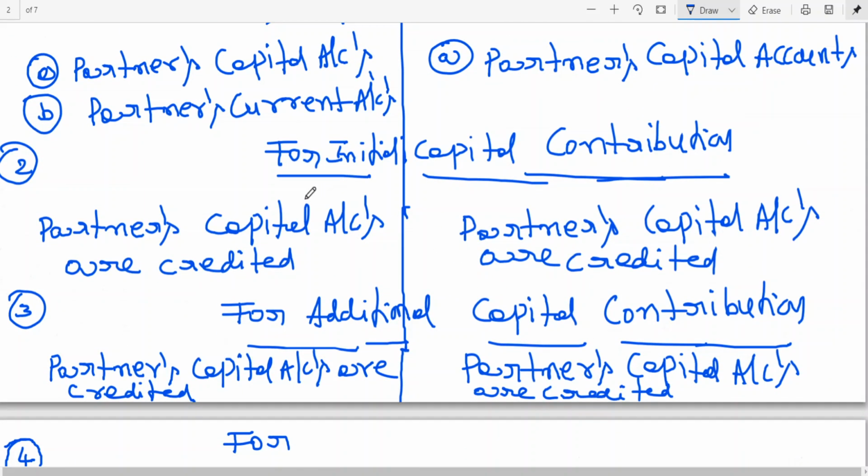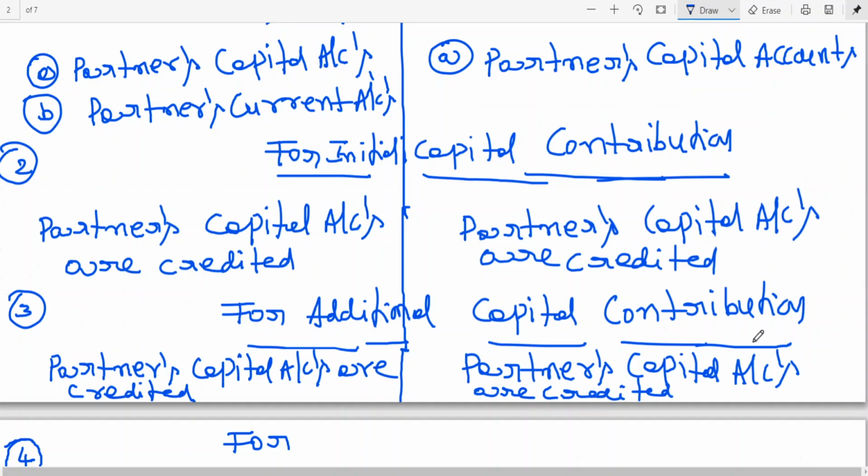For initial capital contribution, partners' capital accounts are credited. Initial capital contribution means at the time of commencement of partnership business, whatever capital they bring. For additional capital contribution means further, whenever the firm needs, the posting will be same.